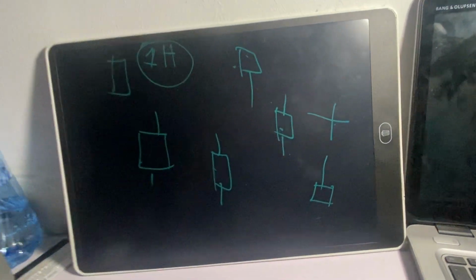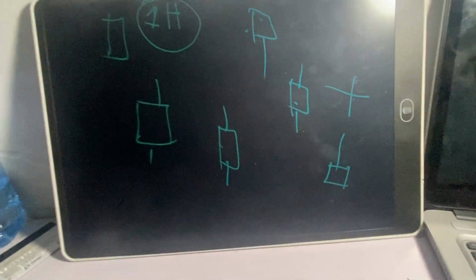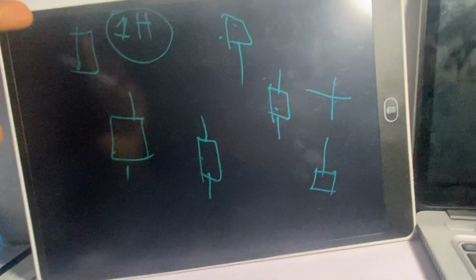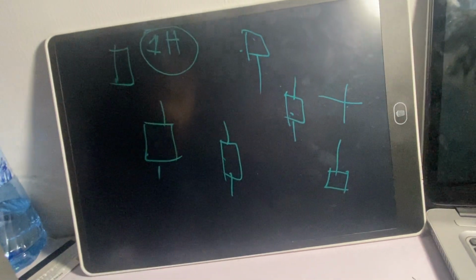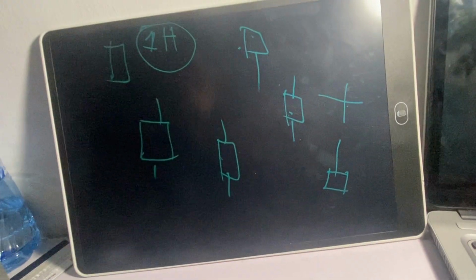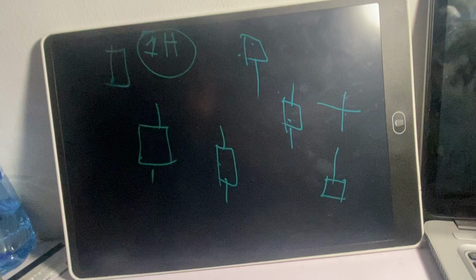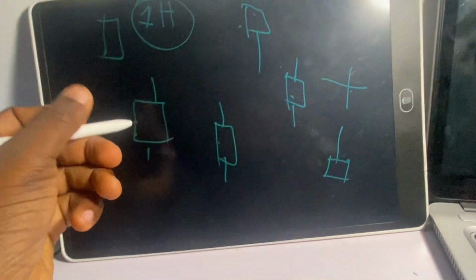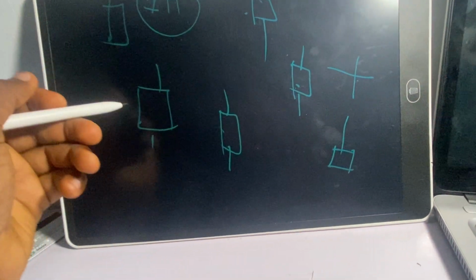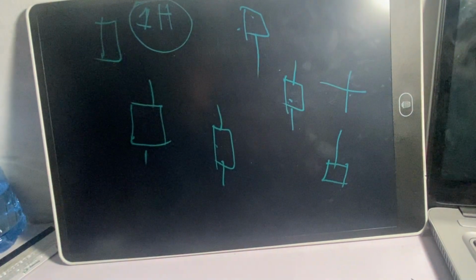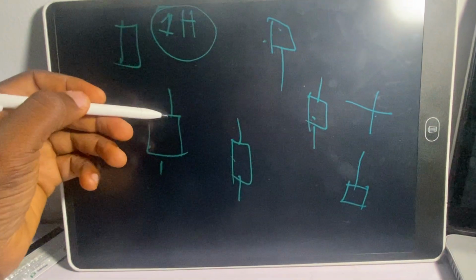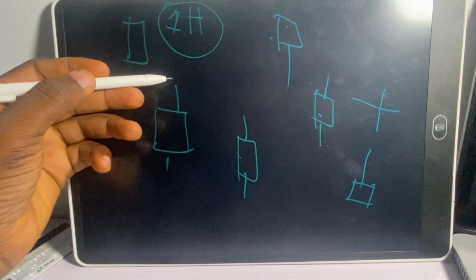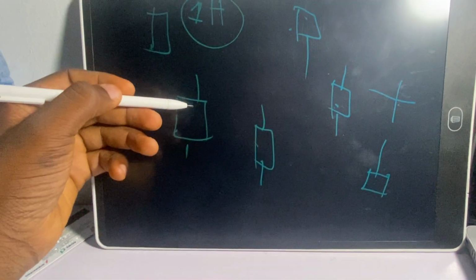But now let us use the color. If you see a green candlestick here, that means the buyers are stronger in the market in this last 1 hour. If this is a green candlestick, the buyers are stronger in this section as well. Though the buyers actually take it here first, the seller brings it back.